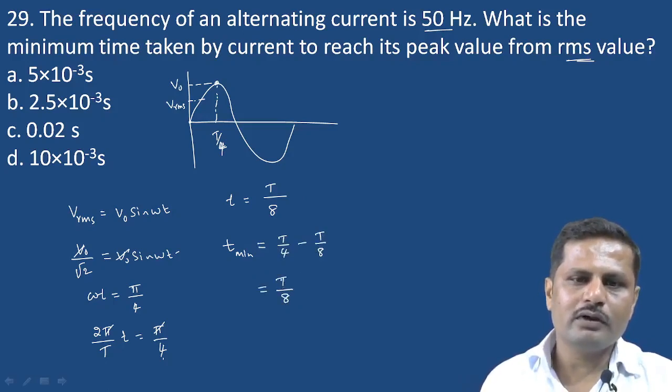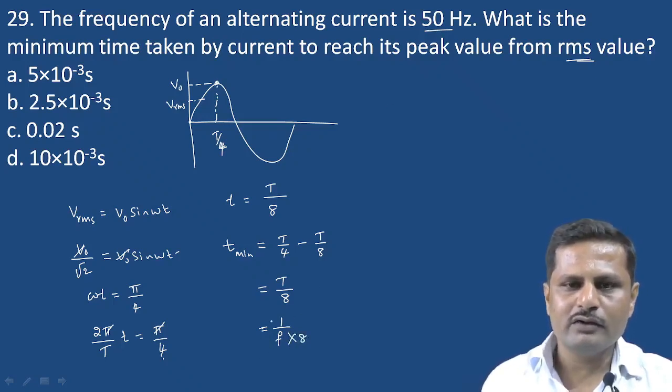Now we can express this T in terms of frequency, that is 1 divided by F into 8. We already have the frequency, 50 hertz. Substituting, we get 1 divided by 50 into 8, and 50 into 8 is 400.